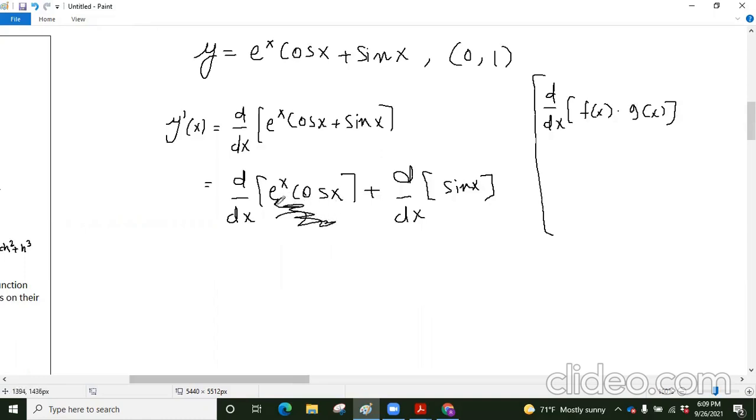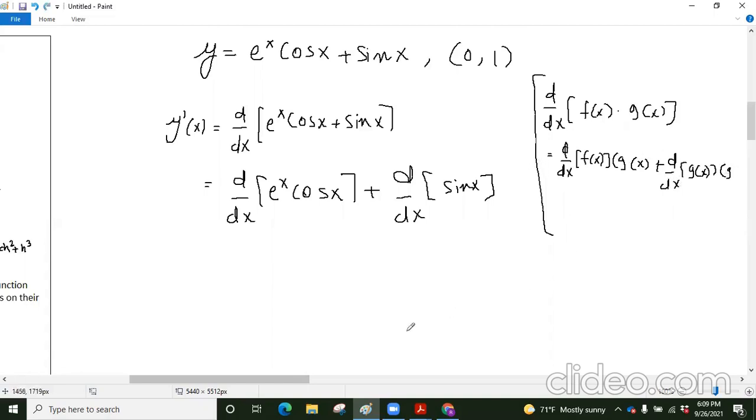So the idea here is that e to the x is one function, cosine of x is another function. The derivative of two functions multiplied together is not the derivative of the two functions independently and then multiplying them. It's actually the derivative of the first function multiplied by the second function, added to the derivative of the second function multiplied by the first function.